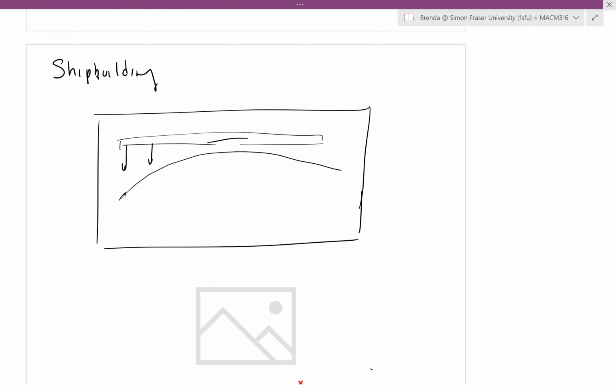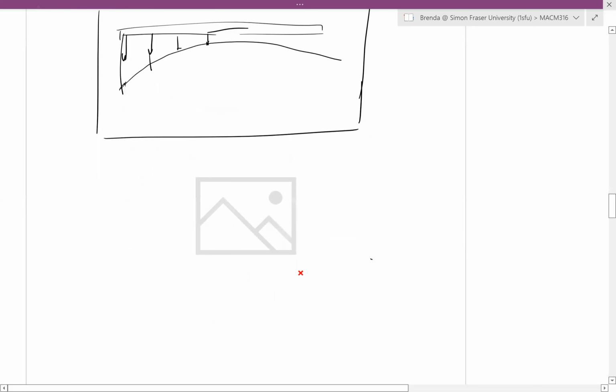These are like your interpolating points, and you bend this down, hanging weights until the thing is bent. That is exactly a cubic spline.